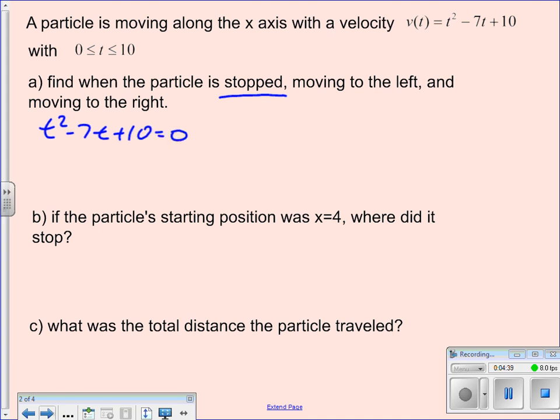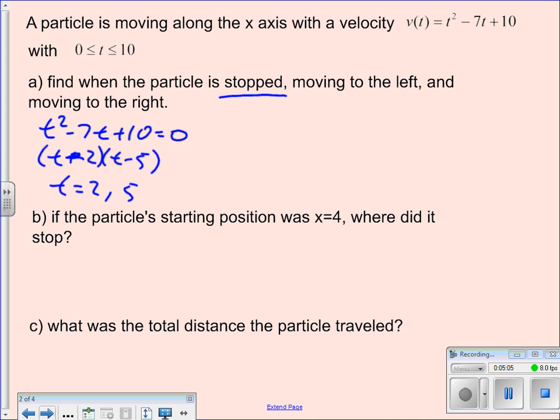Can you solve that? If it is a complicated equation, use your solver on your calculator. However, this is a simple polynomial that factors into t minus 2, t minus 5, so it stopped at t equals 2 and 5. That's when it stopped.